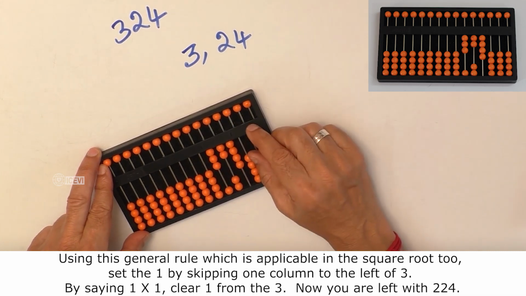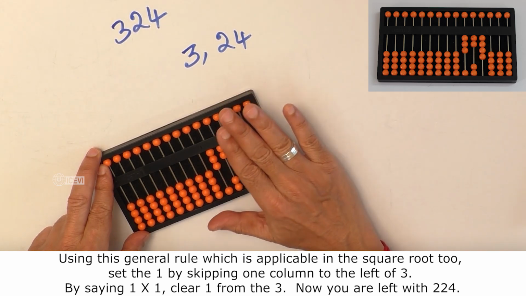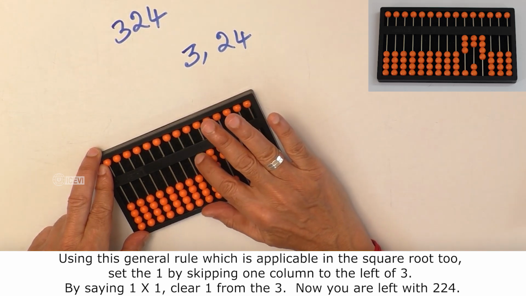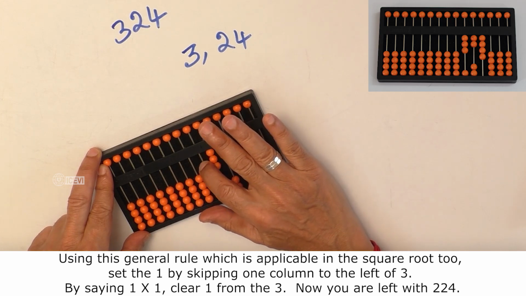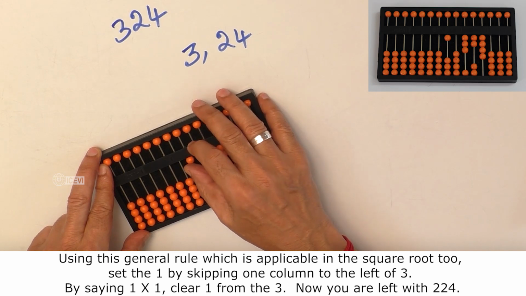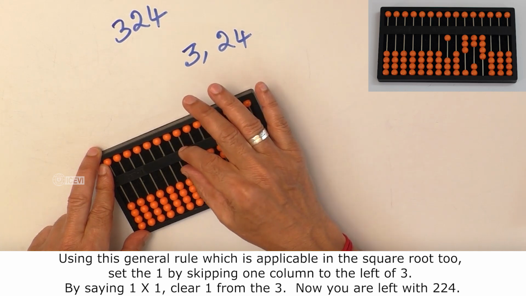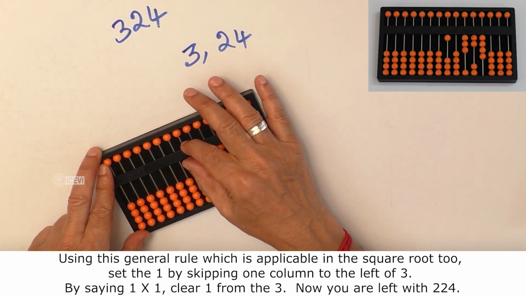Using this general rule, which is applicable in the square root too, set 1 by skipping 1 column to the left of 3. Now, by saying 1 multiplied by 1, which is the number treated here as the square root, clear 1 from 3.